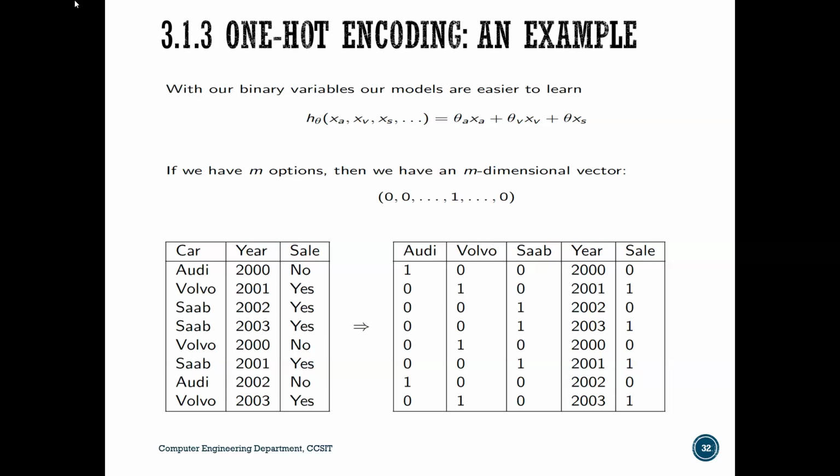So you can see that I had only one feature, which is car name, and we are converting this one column into how many columns? 1, 2, 3. For the car names, we are getting 3 columns. And again, it's an issue.